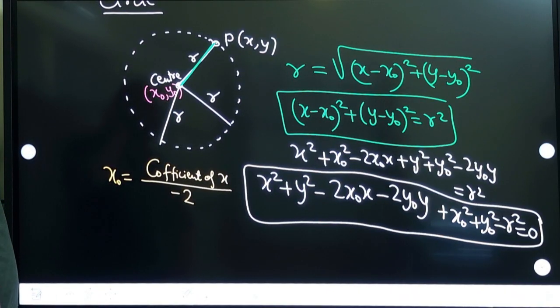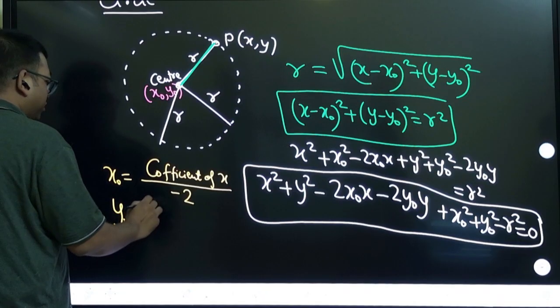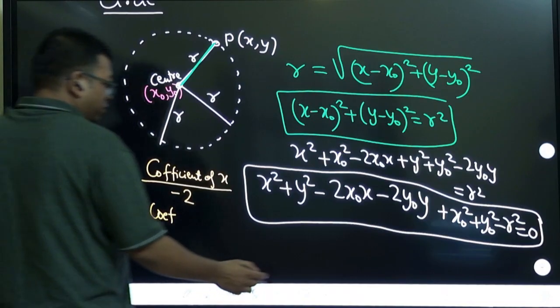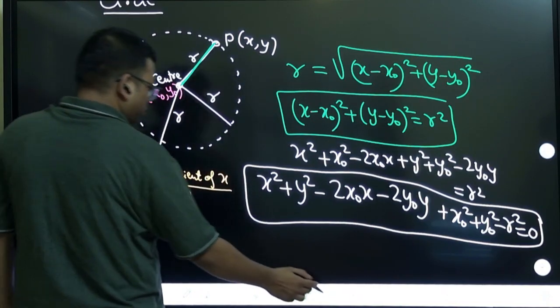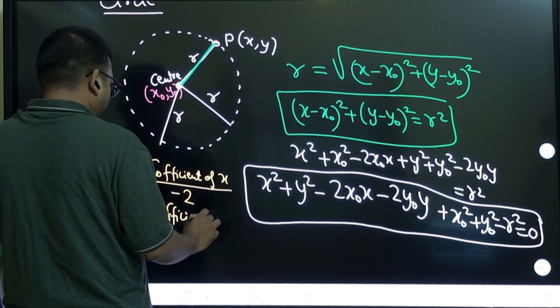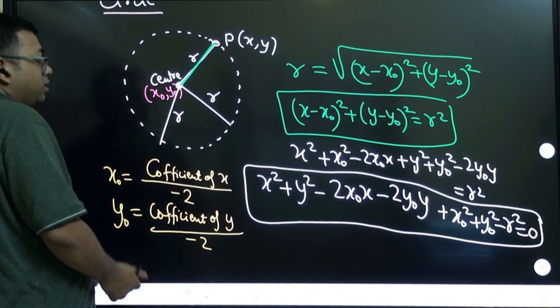If you divide minus 2x naught by minus 2, you will get x naught. Similarly, this y naught can also be calculated as the coefficient of y divided by minus 2. We can get it like this.